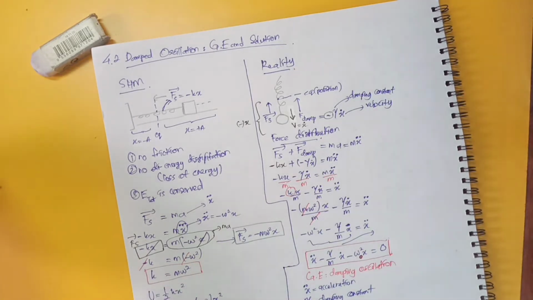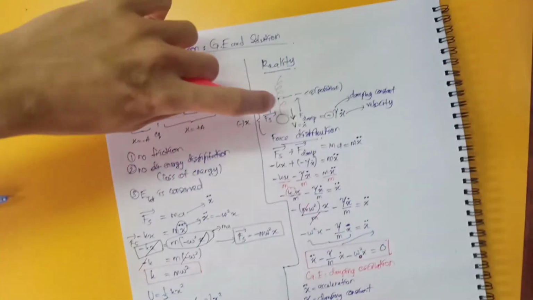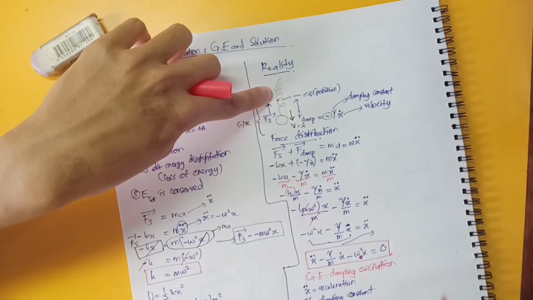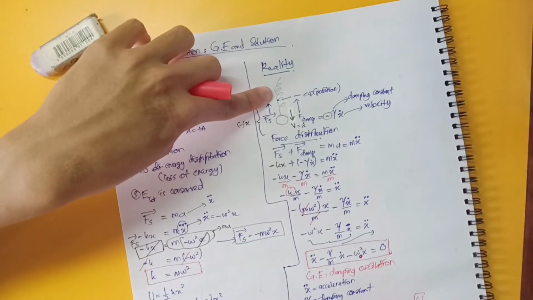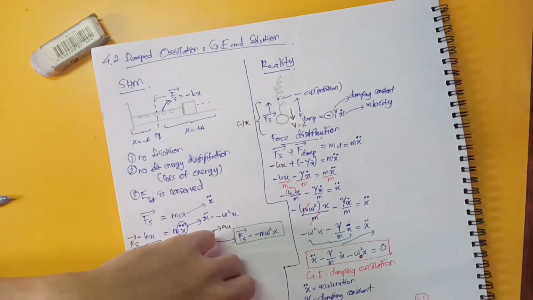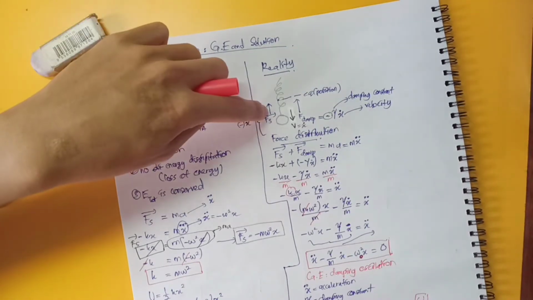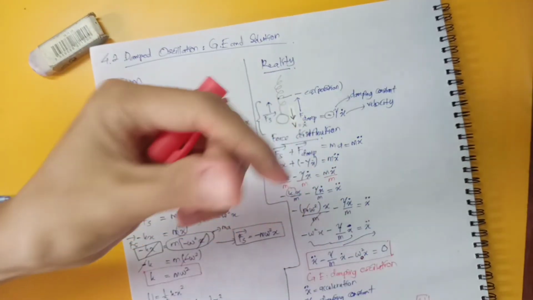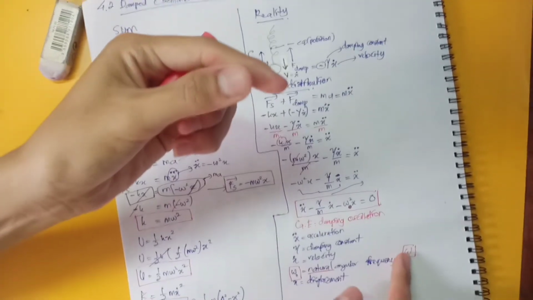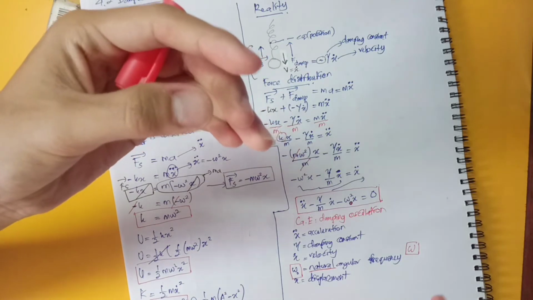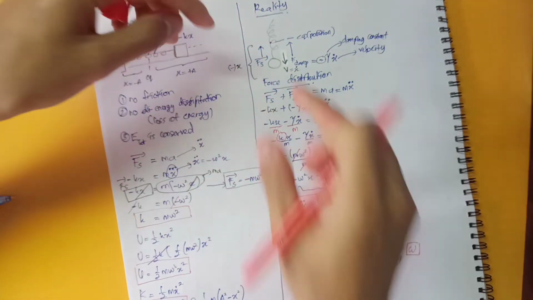This means that this natural angular frequency already exists in the spring. That's where we're going to find another one, which is called omega. Don't get confused. There is omega naught and omega. Omega naught is the natural angular frequency in this system, which comes from the simple harmonic motion, and we're going to find the real omega, which is exactly the angular frequency of the system, the reality.